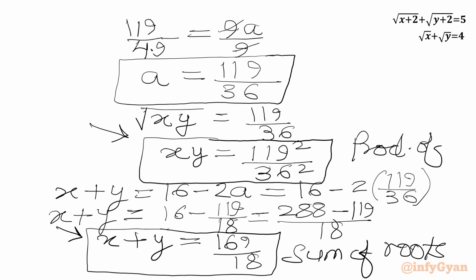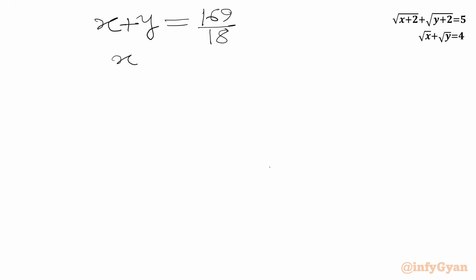We will write one quadratic equation. Let me write here x plus y. This is equal to 169 over 18, and x times y is equal to 119 whole square over 36 whole square.